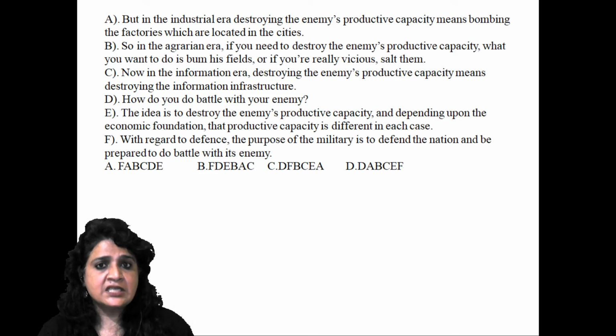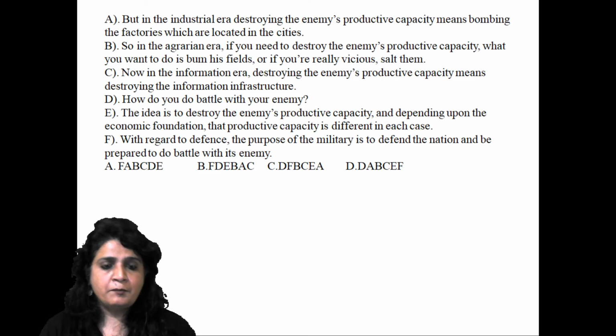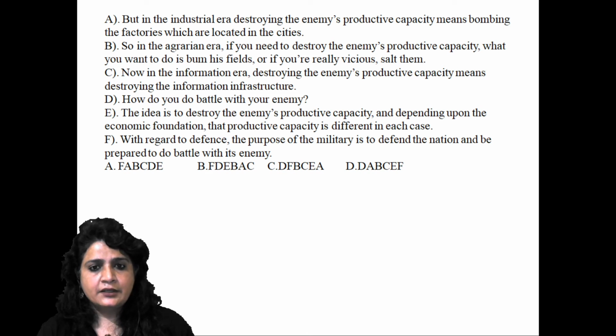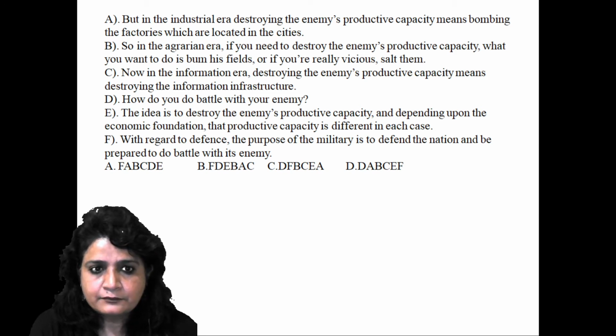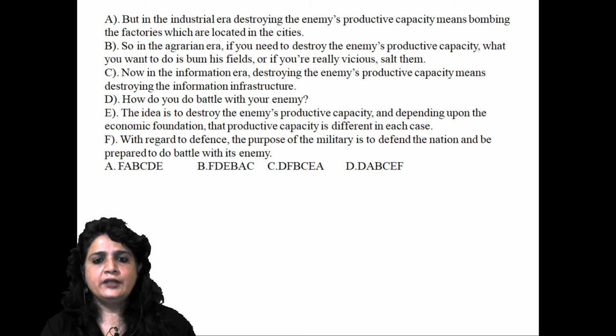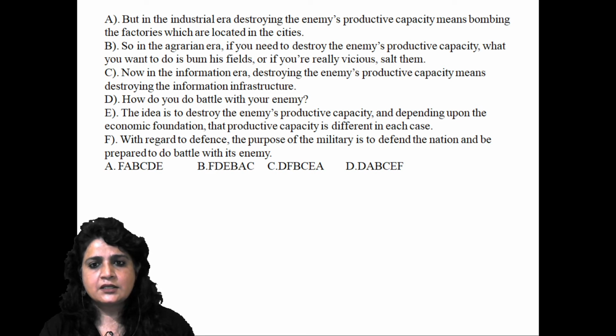So very specific details of the past. Now D is one of the opening statements. 'How do you do better with your enemy?' With a question mark, it's a rhetorical question. He says the idea is to destroy the enemy's productive capacity, and depending upon the economic foundation, that productive capacity is different.